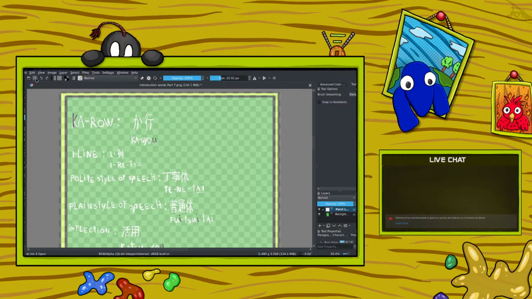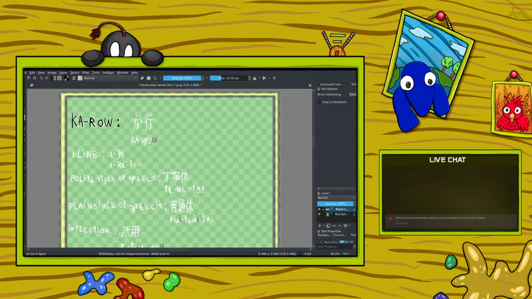Now I can write. So we have a K row. The K row is a row of words, which are the ka, ki, ku, ke, ko. So basically the hiragana and katakana things.